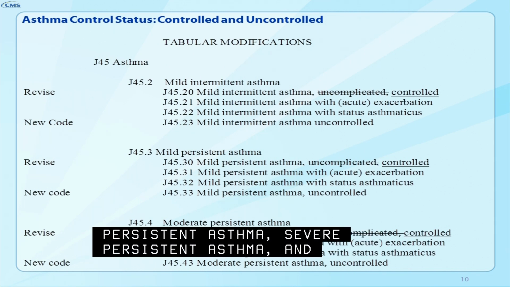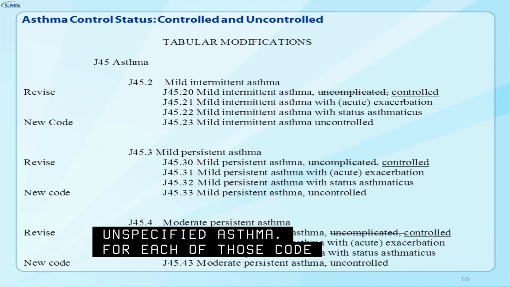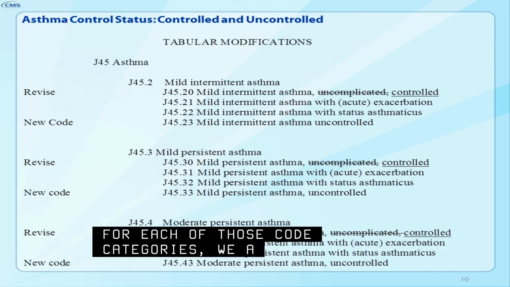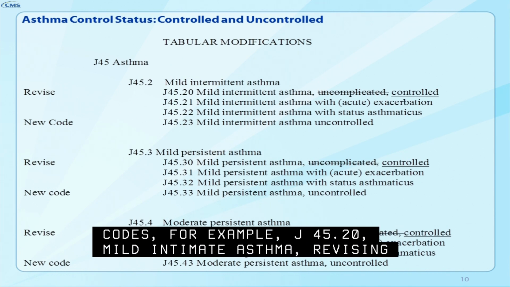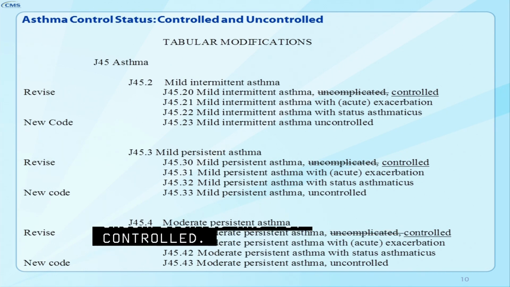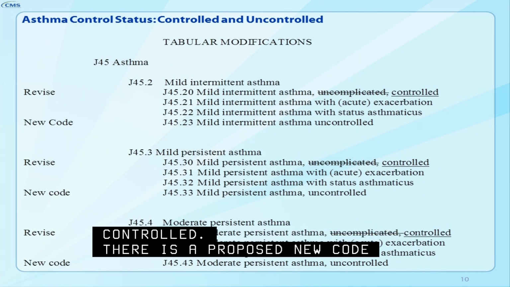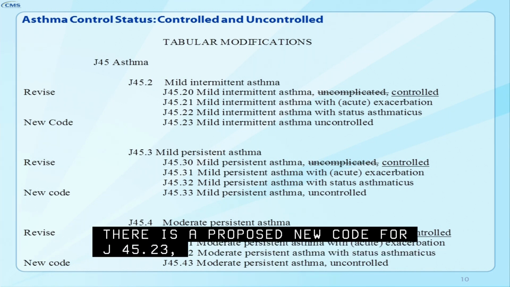For each of those code categories, we're revising the codes. For example, J45.20, mild intermittent asthma, we're revising uncomplicated and putting controlled. And there's a proposed new code for J45.23, mild intermittent asthma uncontrolled. And this is found throughout the entire code category.